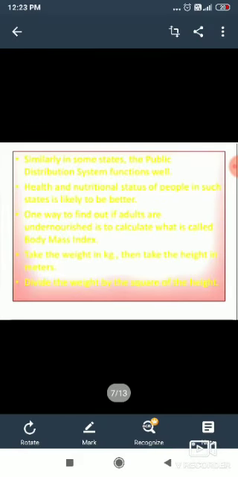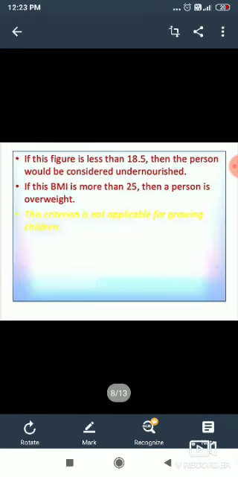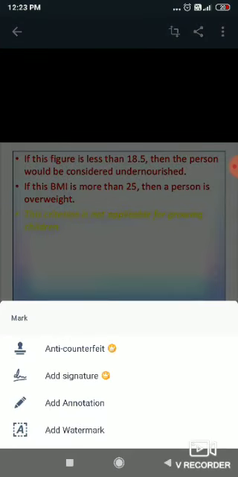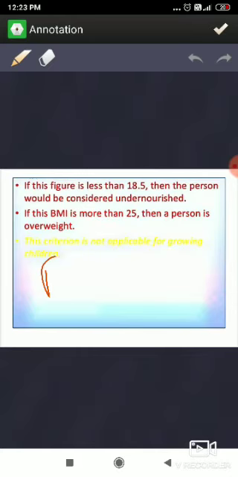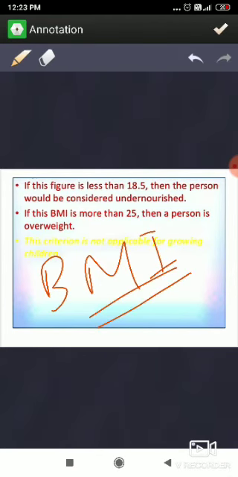Now I am going to tell you about BMI, body mass index. The full form is body mass index, and it is very easy to calculate. First, you take the weight of the person in kg, and then the height of the person in meters. At the third step, you divide the weight by the height in meters squared.